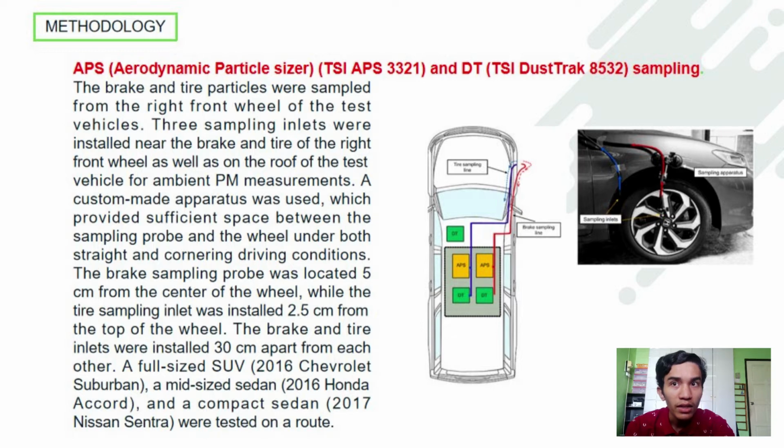The brake and tire inlets were installed 13 cm apart from each other. A full-size US SUV 2016 Chevrolet Suburban, a mid-size sedan 2016 Honda Accord, and a compact sedan 2017 Nissan Sentra were tested on a road.